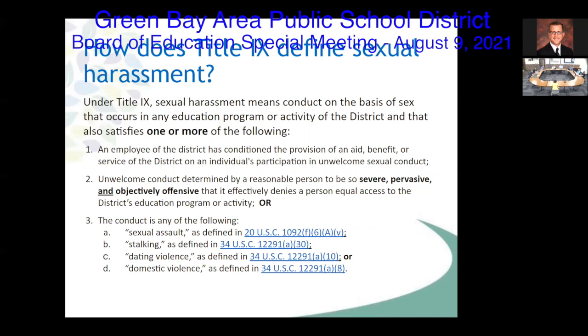Stalking is defined as engaging in a course of conduct directed at a specific person that would cause the person to fear for his or her safety or the safety of others, or suffer substantial emotional distress. Dating violence and domestic violence are pretty much what you think they might be.